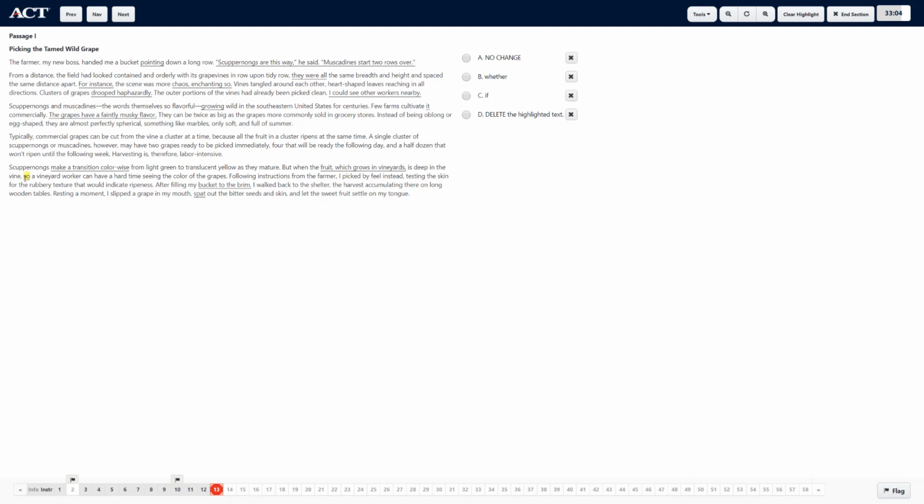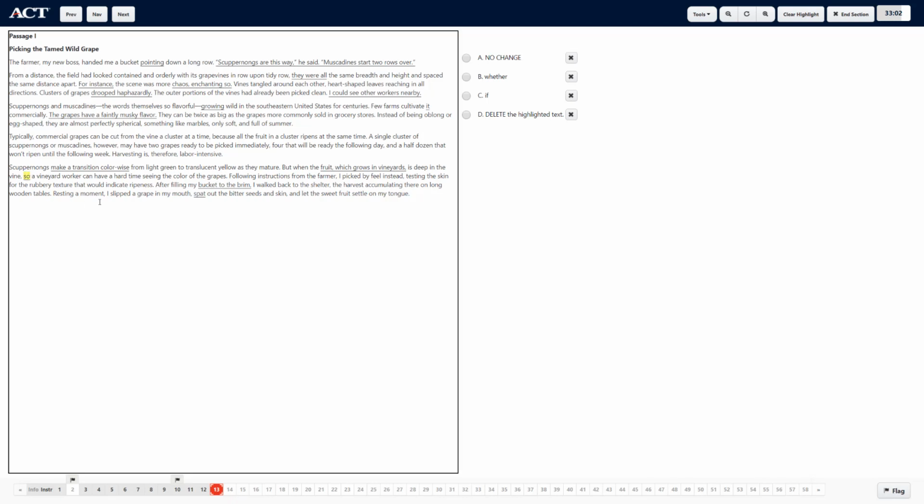So we need to consider the function of this conjunction here. But when the fruit which grows in vineyards, so with when the fruit, so we eliminated this, is deep in the vine, so a vineyard. If would be correct if the whole sentence was written in another way. This is not correct here.